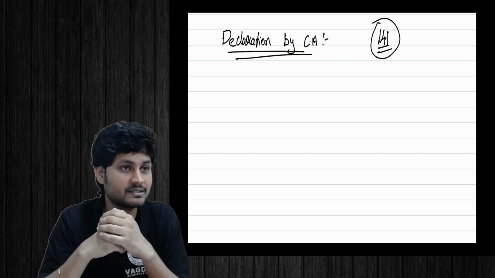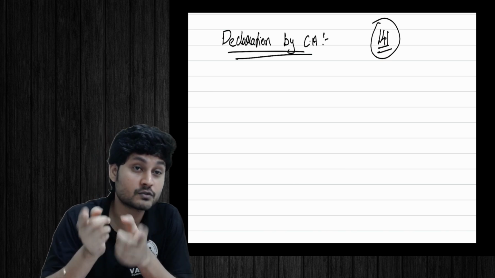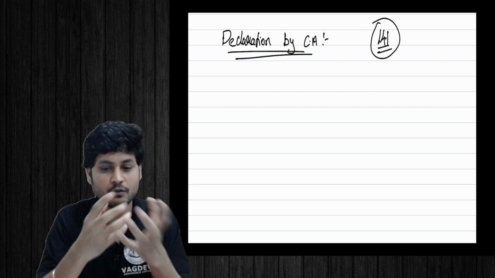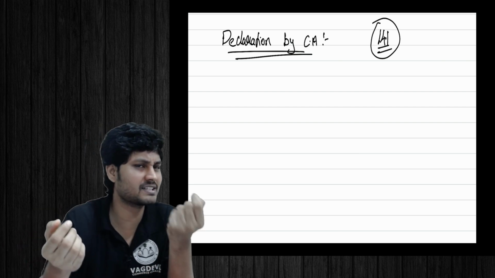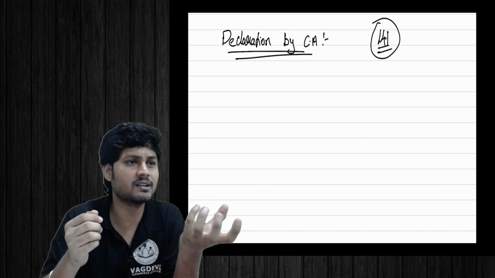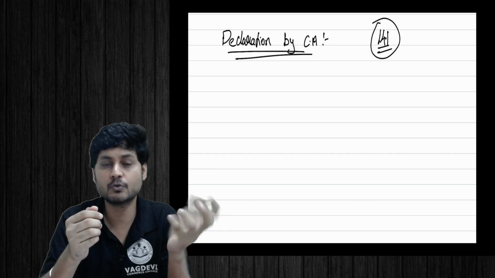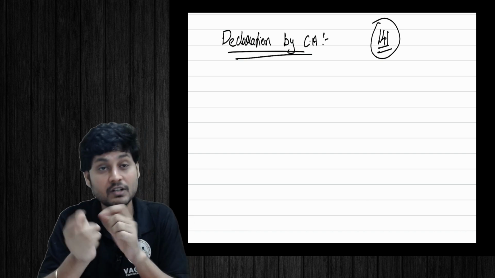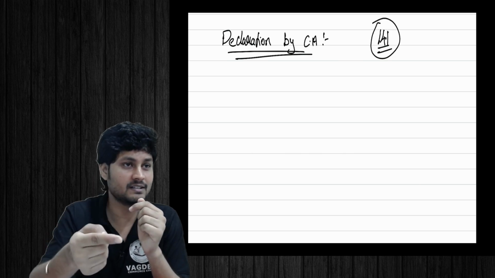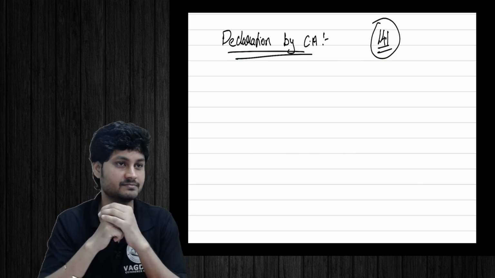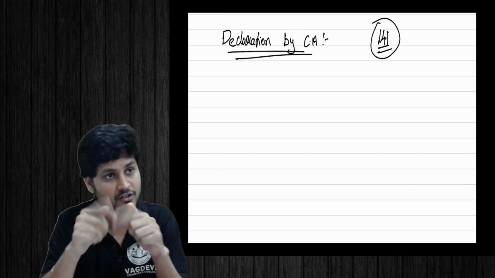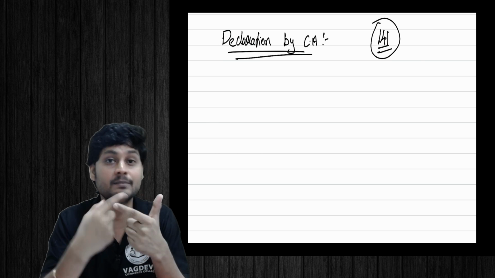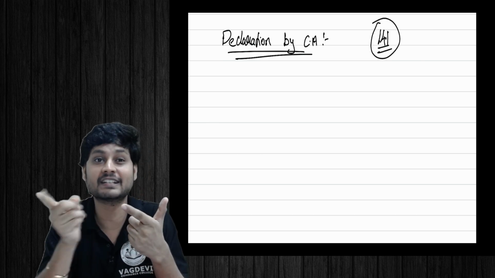What is the declaration? He is not disqualified under section number 141. What is 141? Qualifications and disqualification. Qualification means he must be a cost accountant who is in practice. And what is disqualification? He is a cost accountant who is in practice, so he is qualified, but he is unable to do the audit because of certain reasons.